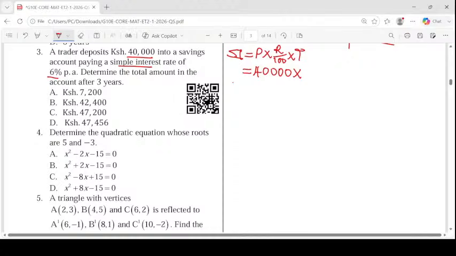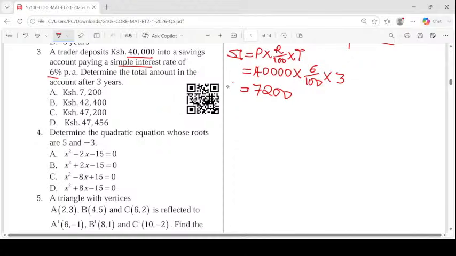The rate is 6%, so that will be 6 over 100 times time, a period of 3 years. When you do this multiplication, 40,000 times 6 over 100 times 3, this exactly gives you 7,200.